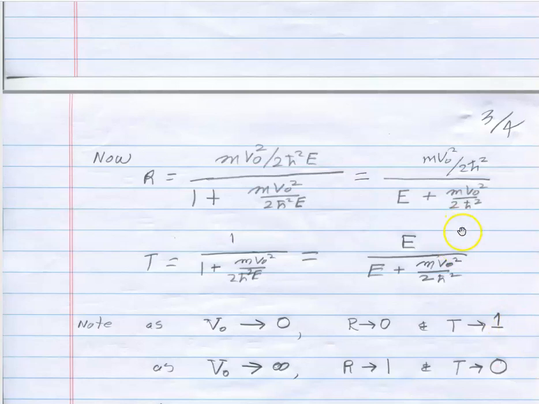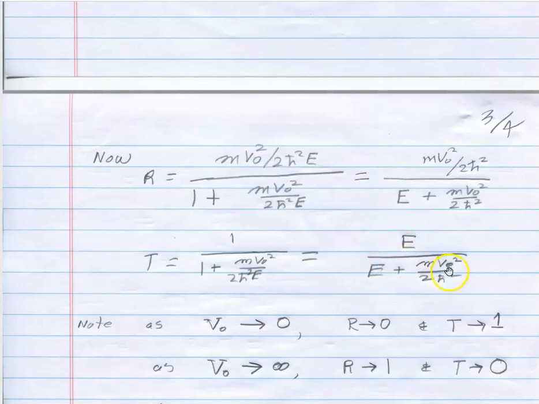On the other hand, if V naught goes to infinity, well, let's look at the T term first. As V naught goes to infinity, remember E is the incident particle energy. That's the energy we fire it in with initially, so we really have control over that, but it's a finite number.